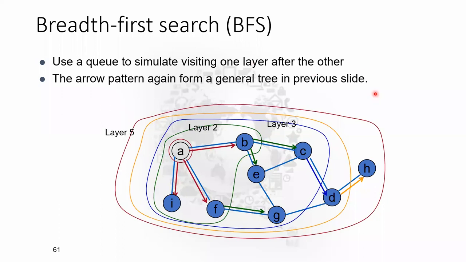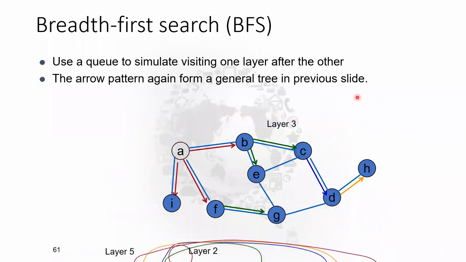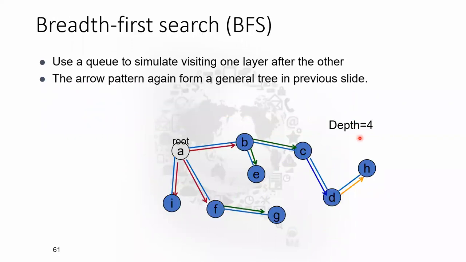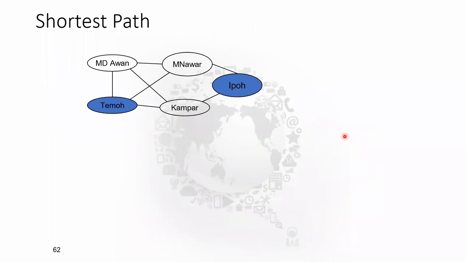The arrow patterns again form a general tree, like in the previous slides. The number of layers depends on the depth of the tree itself, or we can say the graph, because if the graph is large, the depth would be larger.